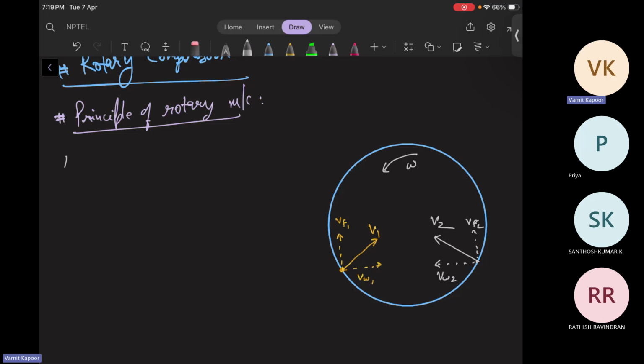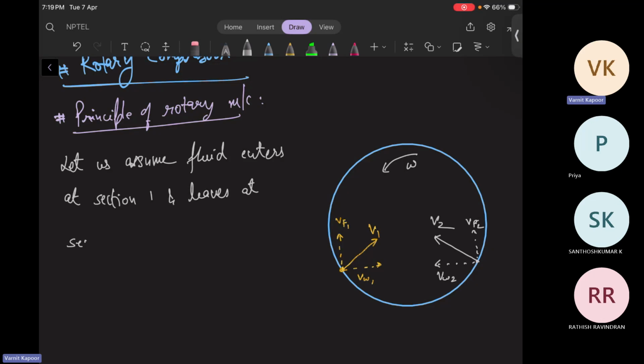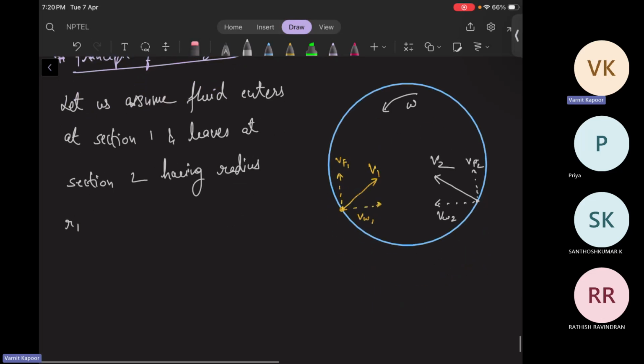Let us assume fluid enters at section 1 and leaves at section 2 having radius R1 and R2.